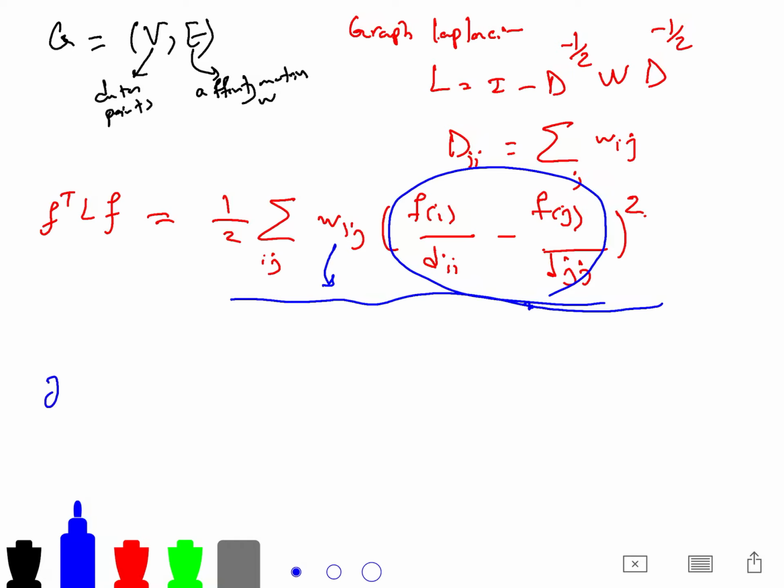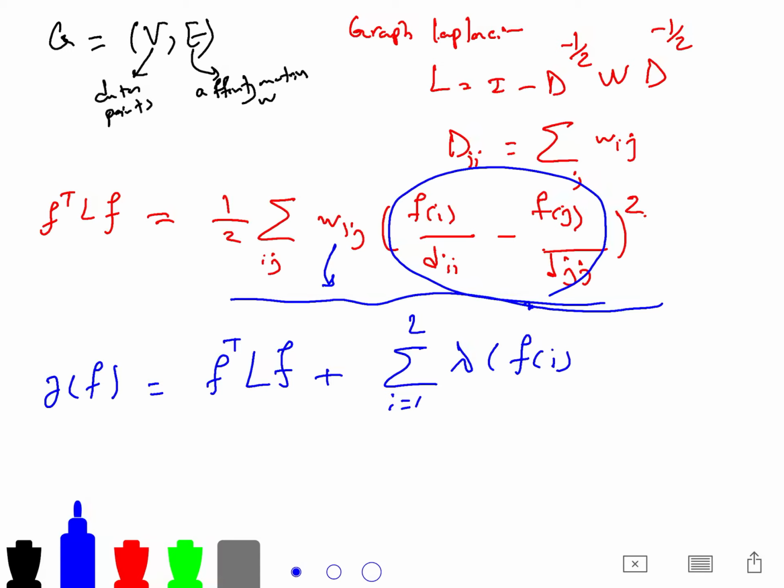So how can we make it non-trivial? By finding a label function that minimizes F transpose L F plus your classical traditional supervised learning, where you just have labels for your data. So this is the agreement with labels.